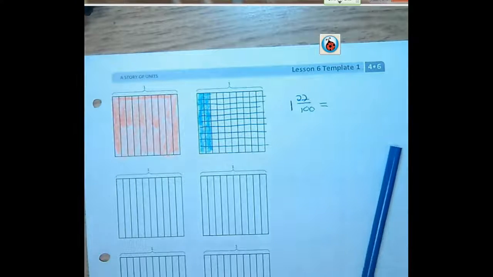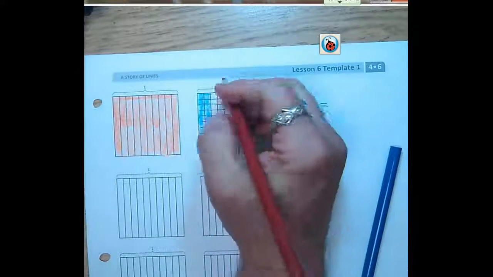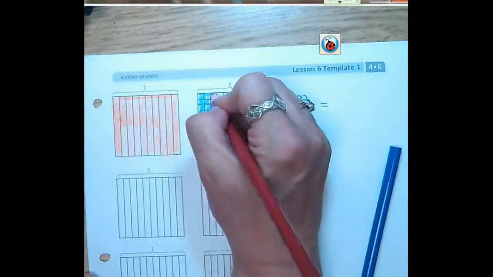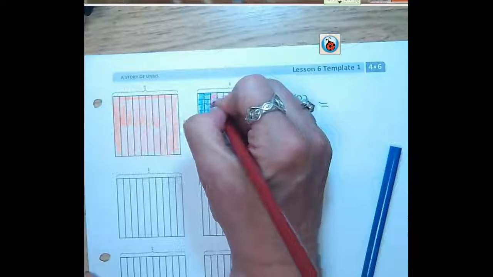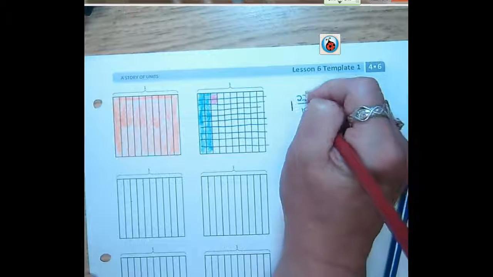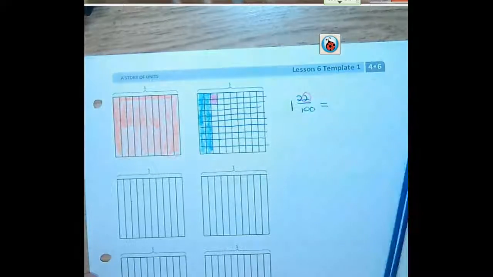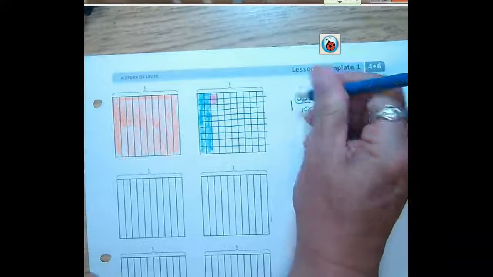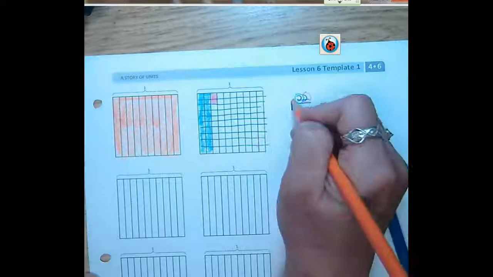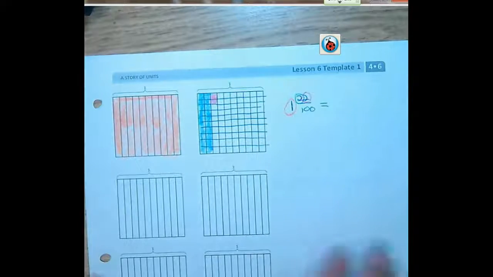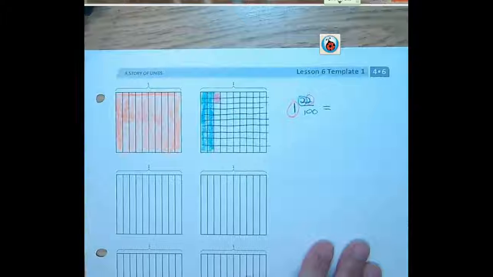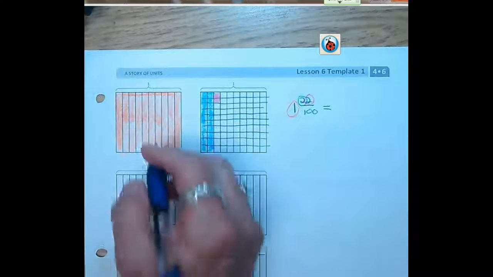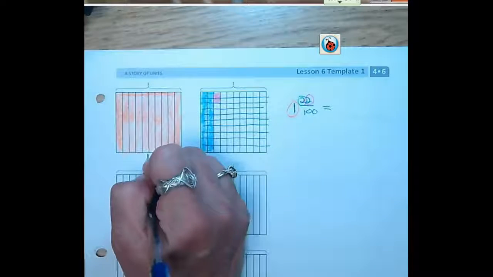Now we can shade in 2 hundredths. I'm going to use a different color. You can use a pencil, but I'm going to use different colors just to show the difference. So this is shaded in with blue. I'm sorry, red. This was shaded in with blue. And the whole was shaded in with one. So, in reality, this is 1.